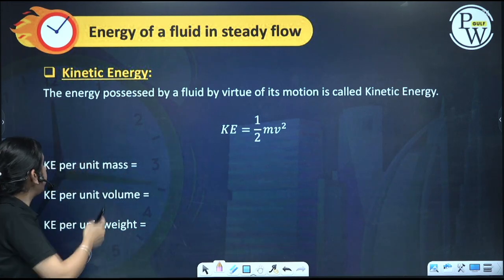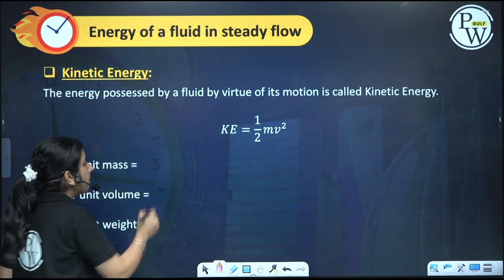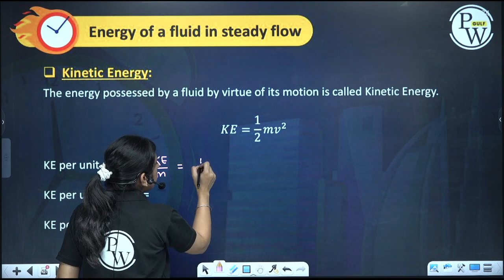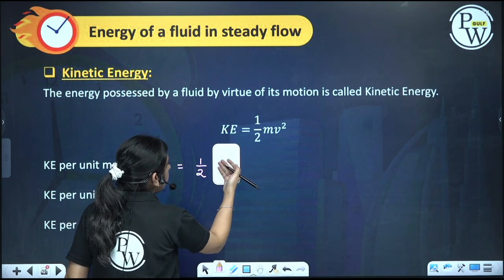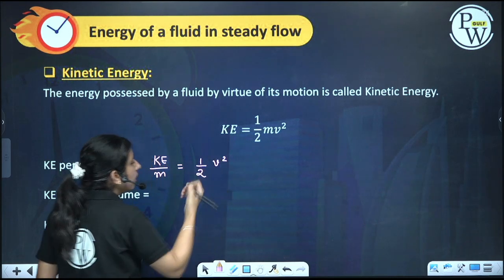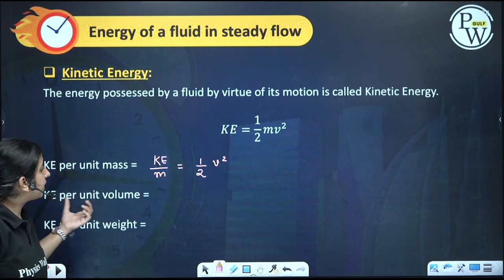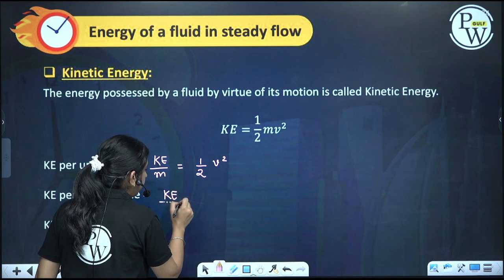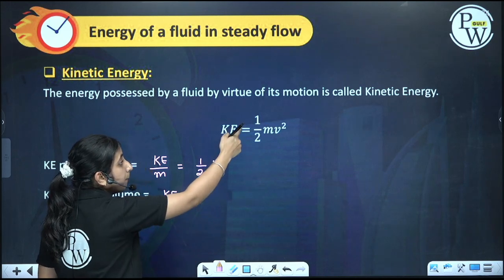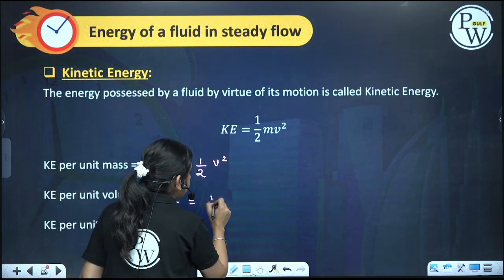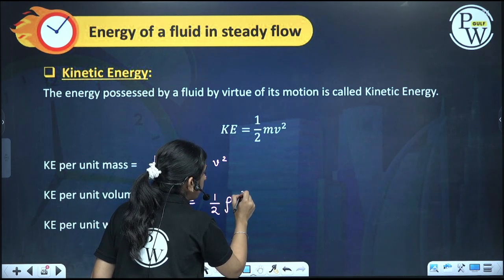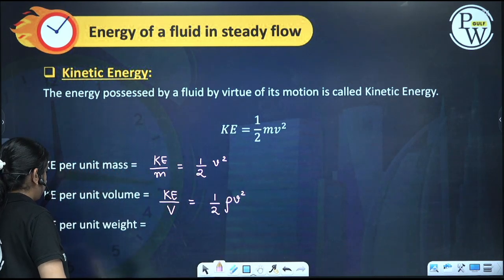If we want to find kinetic energy per unit mass, that is KE by m, then it will be equal to half into mass, and mass will get cancelled, half v square. Kinetic energy per unit volume, that is KE by V. Now it will become mass by volume, that is density. So this will be equal to half rho v square.